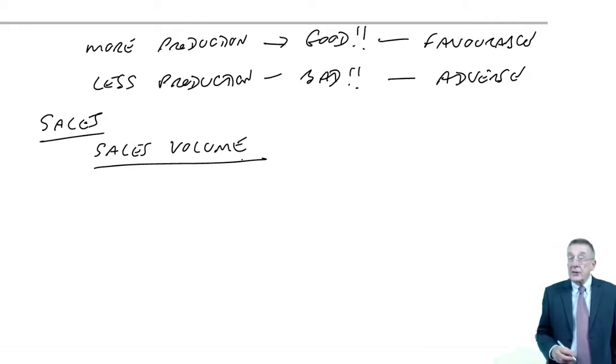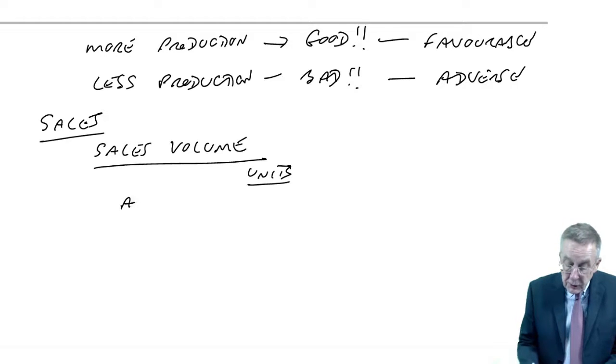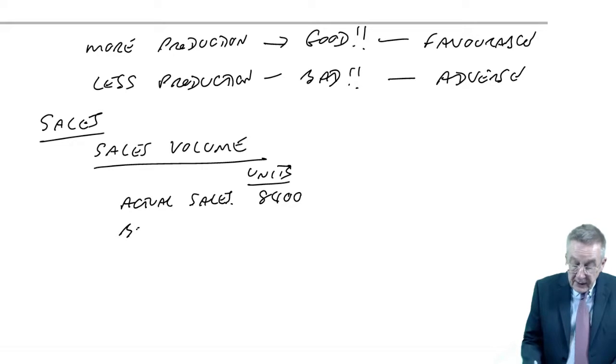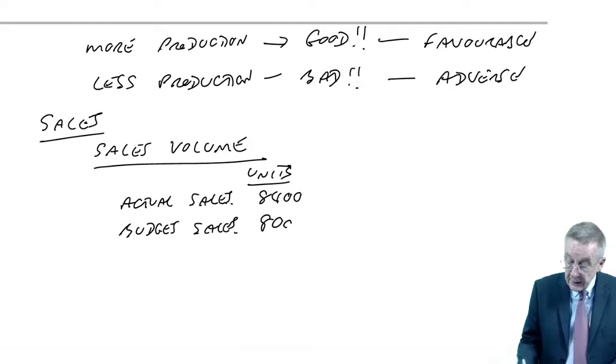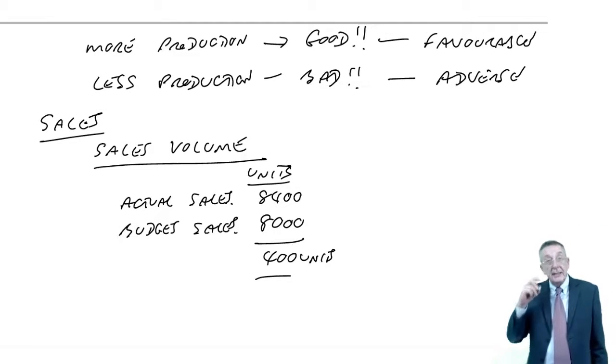To calculate the sales volume variance, we compare the actual sales, 8,400 units, with the budget sales, 8,000 units. So we sold 400 units more than we expected.